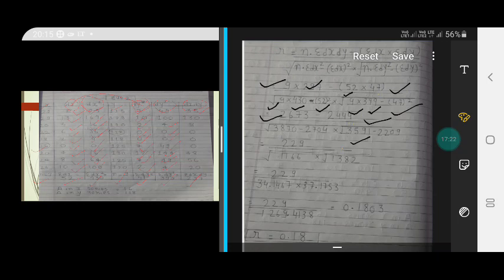Then in the next step we have to perform this operation. 2673 minus 2444, so we will get 229. Okay. Then upon under root 3870 minus 2704. So we are going to get 1166.